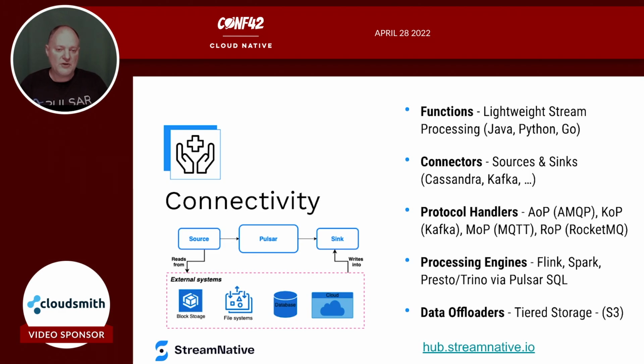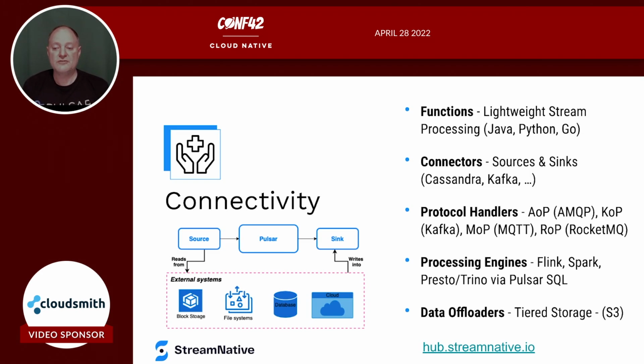So we support functions. These let me run basically like, in Amazon you have Lambda, or you could think of database triggers. They get triggered by events that occur in a topic or multiple topics. Pretty straightforward there. A similar concept are connectors. These are sources and sinks. These you set some configuration, data automatically goes there.